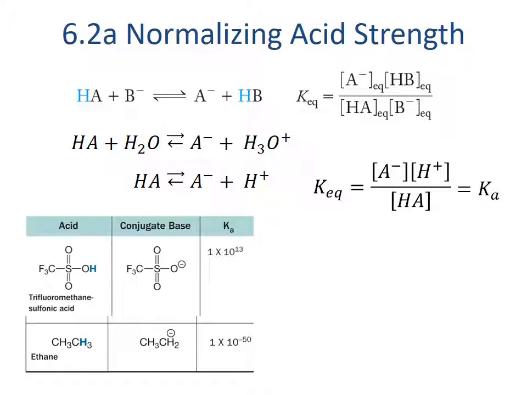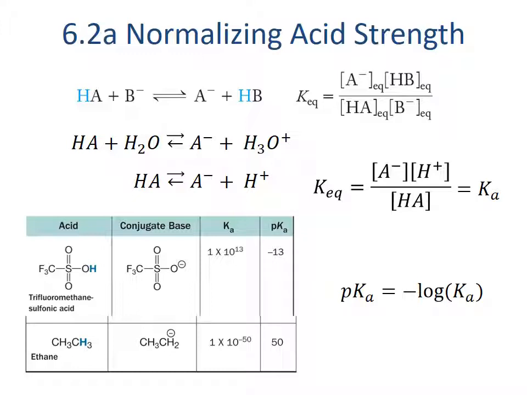To make things easier, we define a pKa, that is the power of Ka, similar to the pH, the power of hydrogen. So the pKa is just the negative log of Ka, just like pH is the negative log of the H+ concentration.